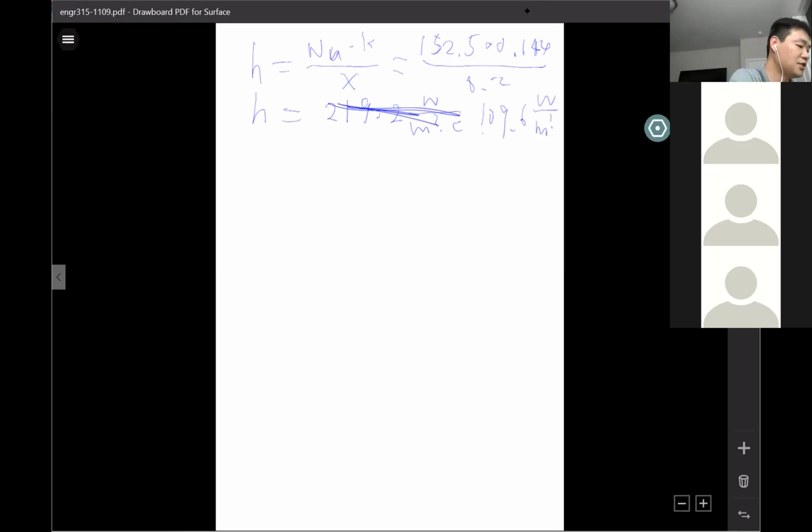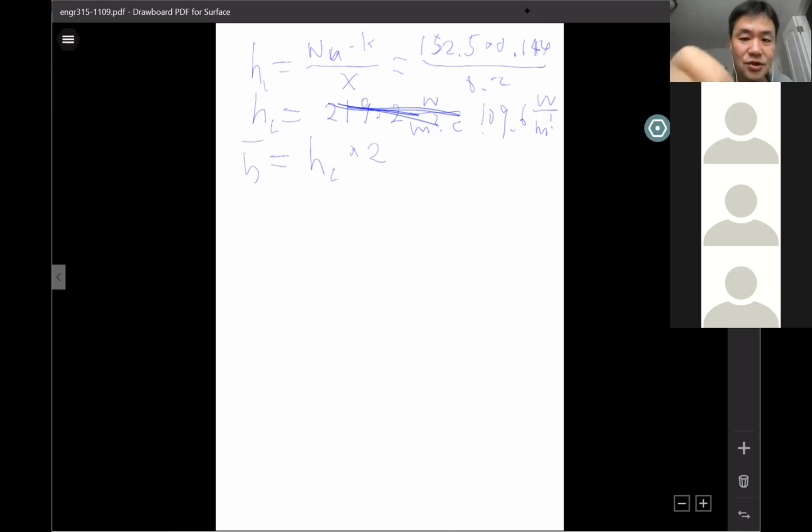Okay, for this special condition, there's one more equation, I think I didn't give you. The average heat transfer coefficient equals the heat transfer coefficient at the end multiplied by 2.